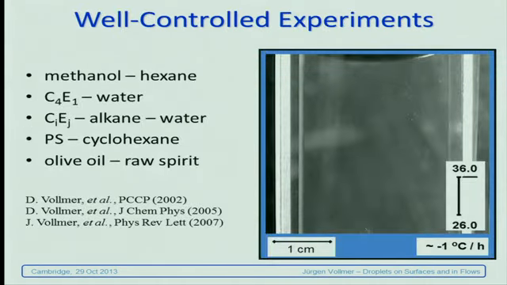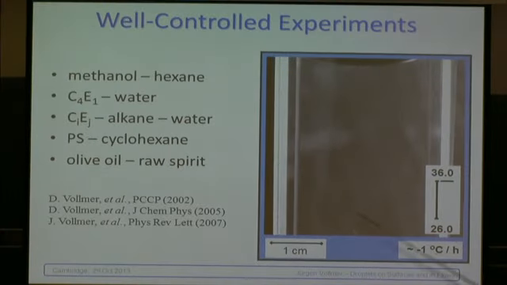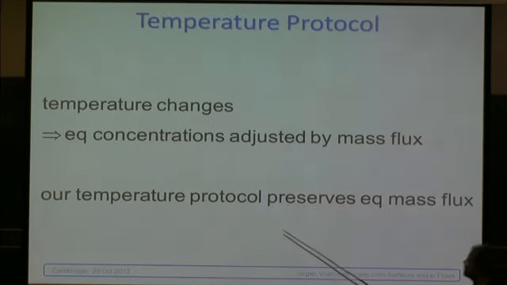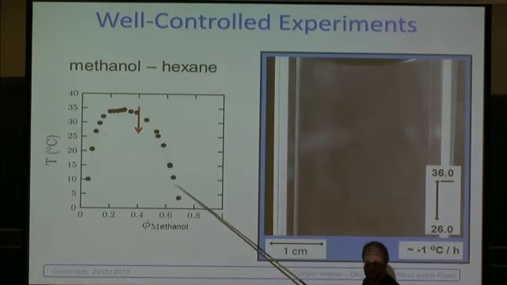This was methanol and hexane. So the lower phase had a lot of hexane and a little bit of methanol, the upper phase the other way around. When you change the temperature, the composition is changing.